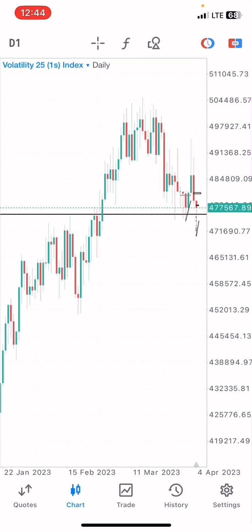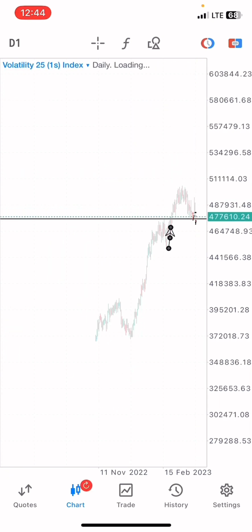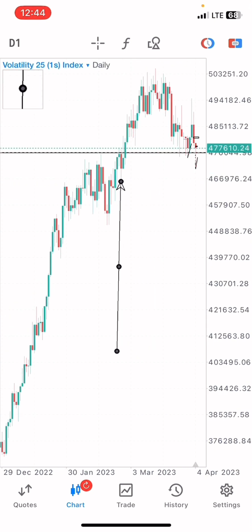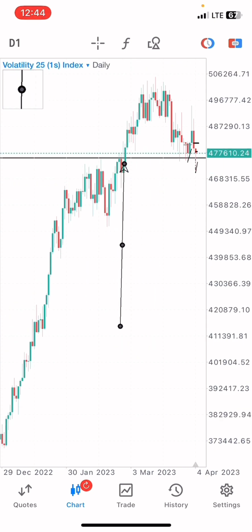So as you can all see, I first went to the daily time frame and I saw price give these... generally price has been on a long-term uptrend, and at these points I knew this point would actually be a sensitive point, and it has always been on the daily time frame.